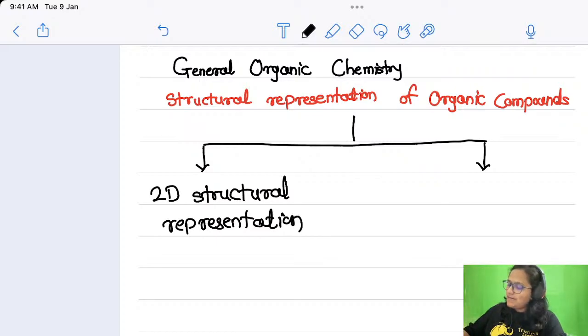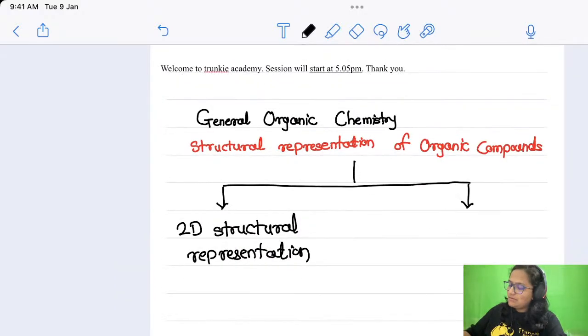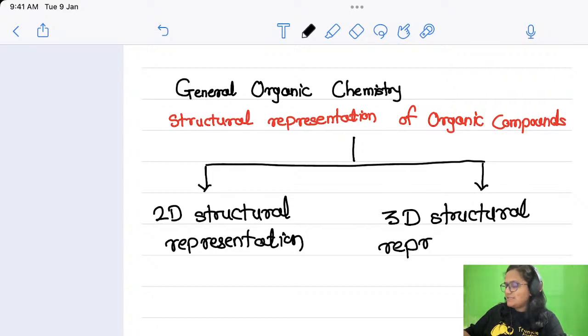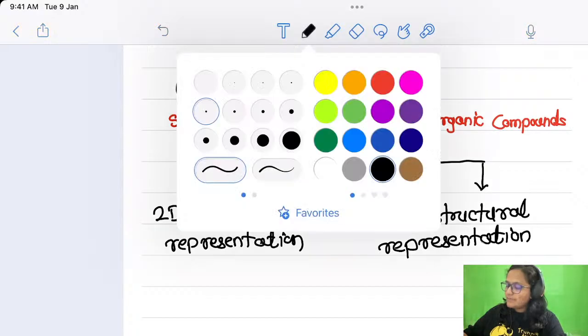And next is the three-dimensional or 3D structural representation. 3D stands for three-dimensional. Okay, yes, so these are the two main types of structural representation.